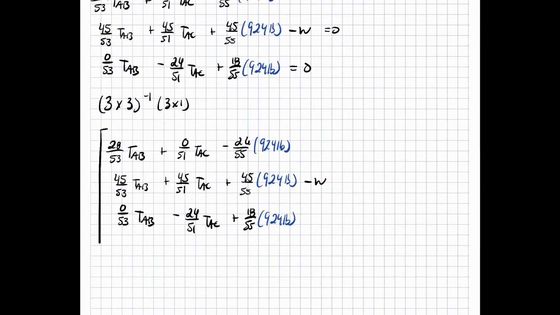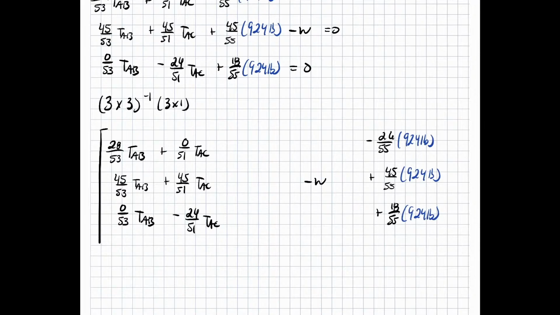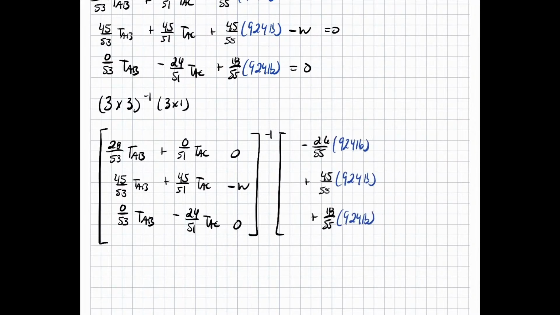So we know the tension AD portion, so all of the tension AD is actually going to come to the other side of the equation. And we'll move that there. This will be 0, 0. That will finish that matrix. Inverse of this guy.